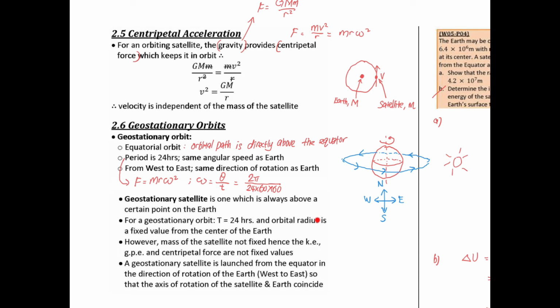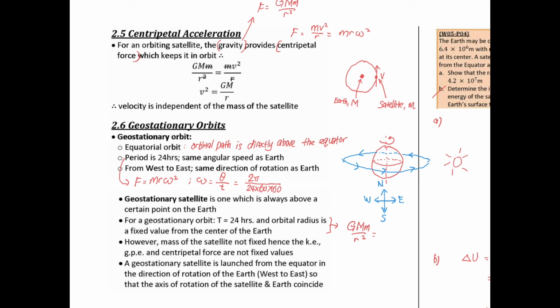So imagine that we can make use of this formula again. The gravitational force is equal to the centripetal force. So imagine these two are equal. Let's say I do it at the side here. G M m over r square is equal to centripetal force. We know centripetal force has two versions. As you can see up here, m v square over r is centripetal force. m r omega square is also centripetal force.